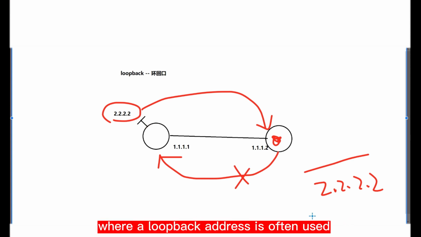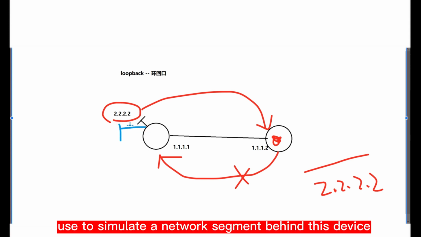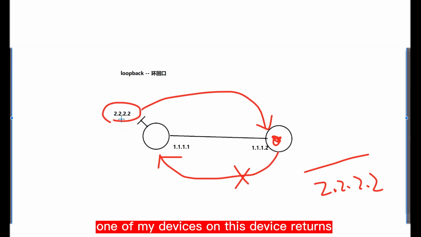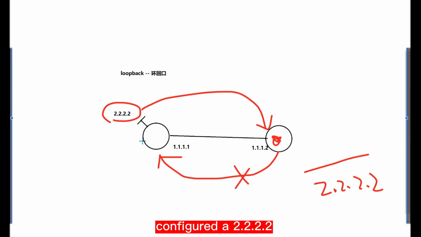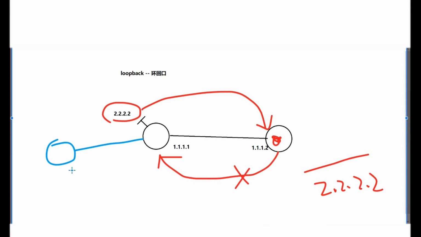Where are loopback addresses often used? Used to simulate a network segment behind this device. One of my devices on this device returns configured at 2.2.2.2. It is equivalent to connecting a device behind this device. This device is 2.2.2.2, here is 2.2.2.1.